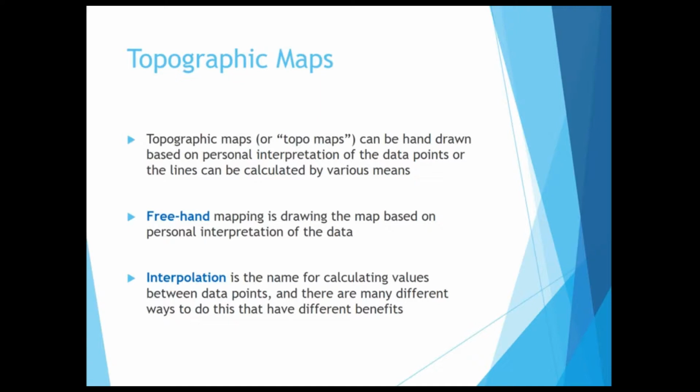Interpolation is the name given to calculating the values between data points. And there are many different ways to do this, each of which has special benefits, strengths, and weaknesses and is used for different kinds of data in different kinds of situations depending on what you're looking for.